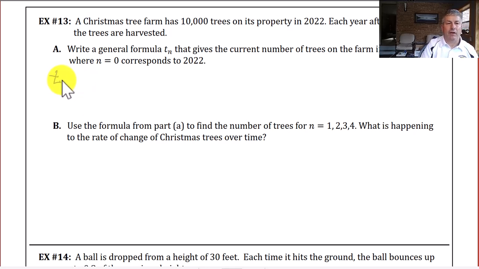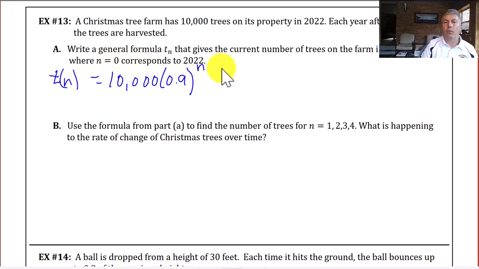And as I just said, T sub n is equal to 10,000 times 0.9 raised to the n, because n equals 0 corresponds to 2022, so that we don't have to do the n-1 business to get the first year. And then it says use the formula to find the number of trees in n equals 1, 2, 3, and 4.